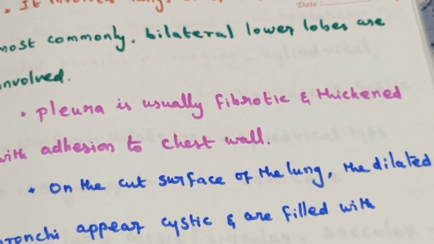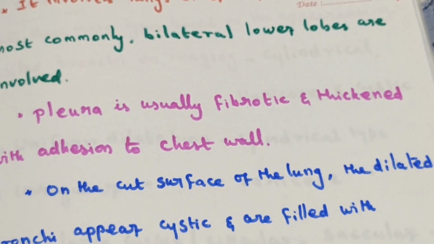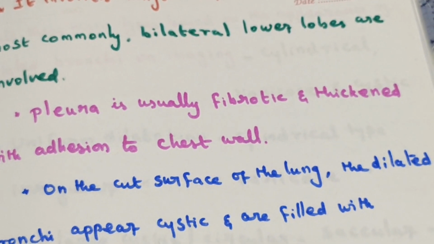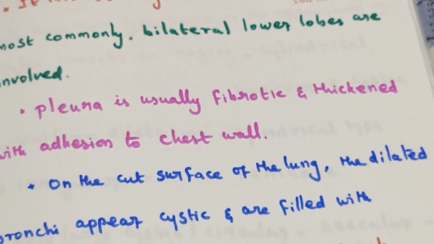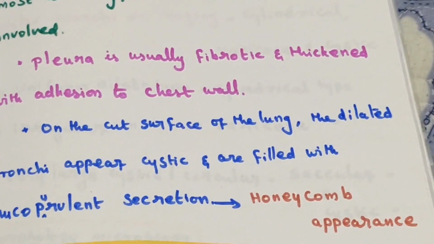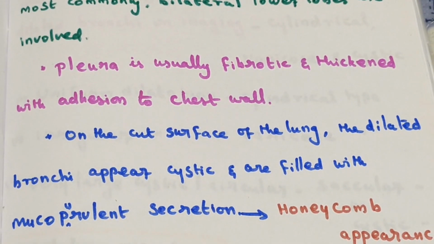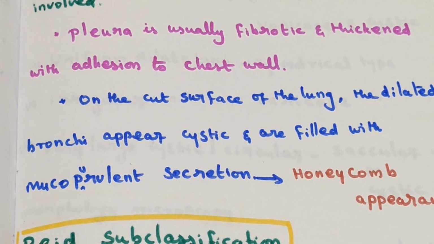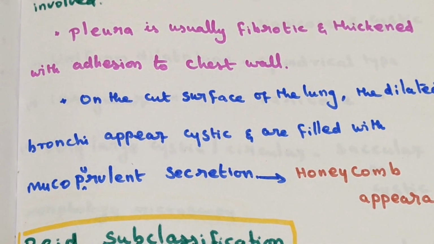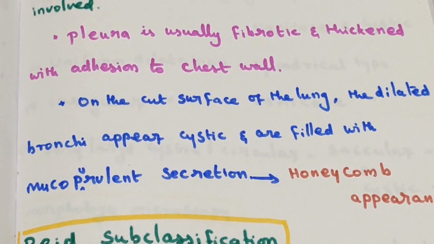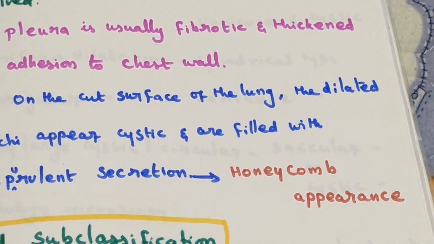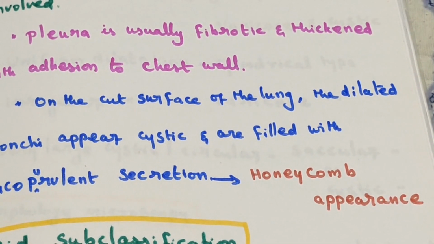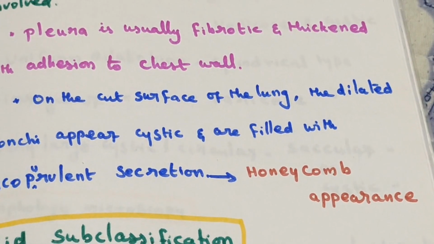On the cut surface of the lungs, the dilated bronchi appear cystic and they are filled with mucopurulent secretion. Because of the cystic nature of the dilated bronchi in the lower lobe, this appearance is referred to as honeycomb appearance.